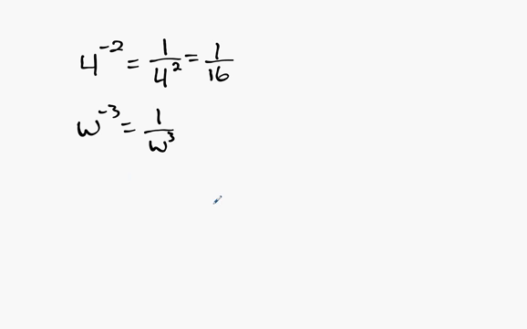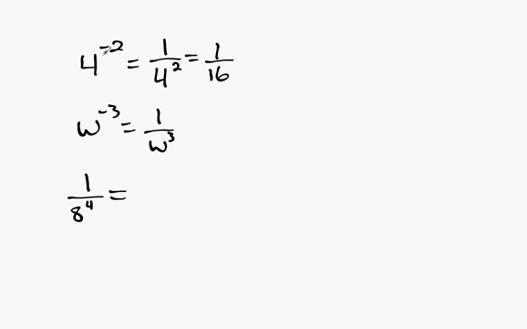Okay? We can also go the opposite direction with this. If it were to give you a fraction, if we said 1 over 8 to the fourth power, how could we rewrite this without a fraction? Well, we had a fraction because we had a negative exponent over here.